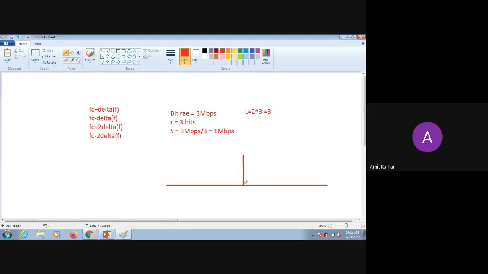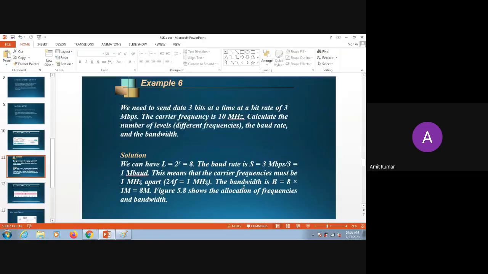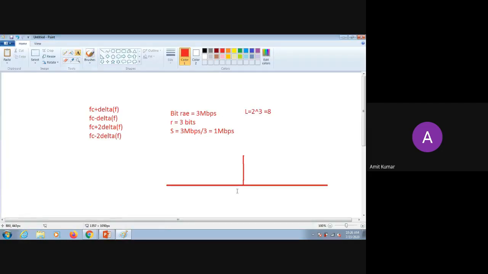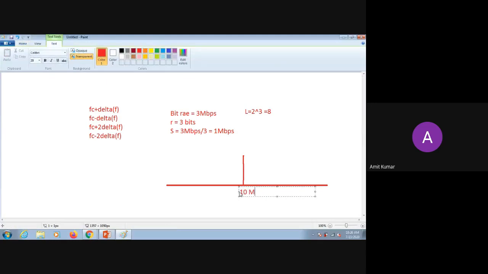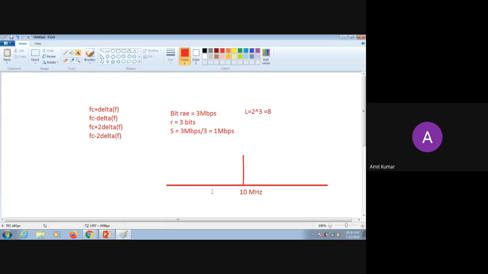First is your center frequency. The center frequency they have given is 10 megahertz, so here it is 10 megahertz. Now every other frequency is separated by 1 megahertz.